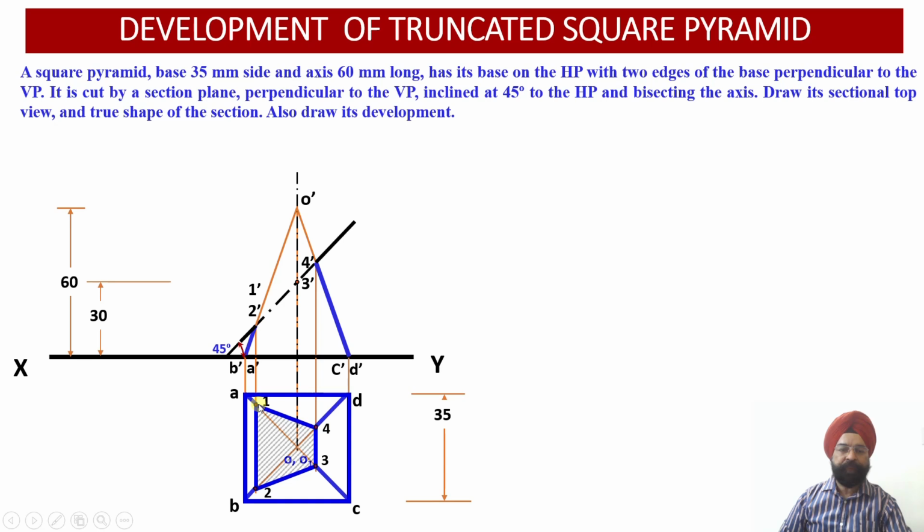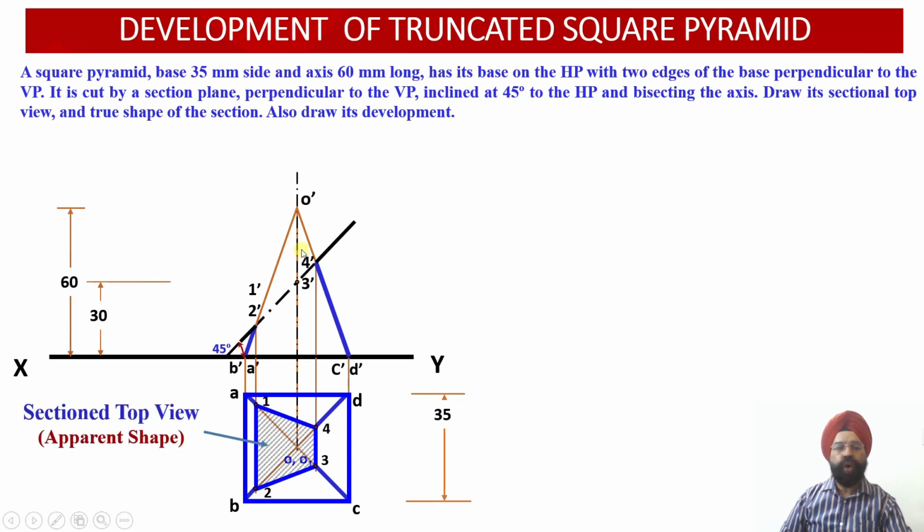Similarly, in the top view, 1A, 2B, 3C and 4D have been joined. Similarly, in the front view, 1 dash A dash, 2 dash B dash, 3 dash C dash and 4 dash D dash have been joined. This part of the solid has been discarded because it has been removed away, right? So this has to be discarded. This is no longer available.